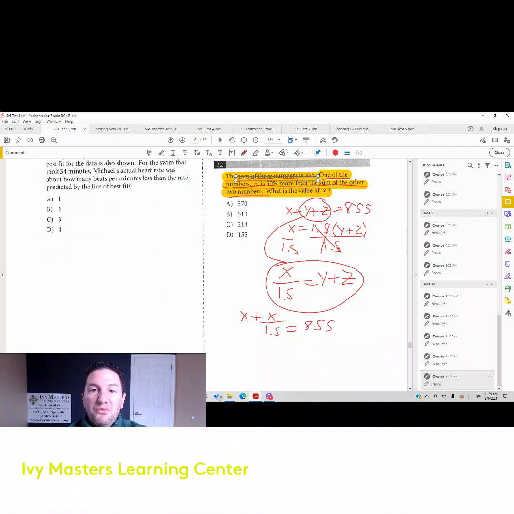Now, what do you like working with? Decimals, fractions, or whole numbers? You want to work with whole numbers. So what do you have to do to this equation to get whole numbers? You want to multiply the whole thing by 3. So when I distribute that 3, I get 3x plus, and the 1.5 is half of the 3, so it would be plus 2x equals, and then this is calc math.